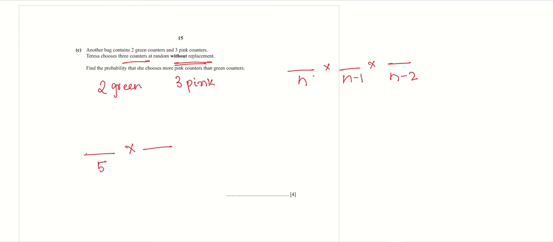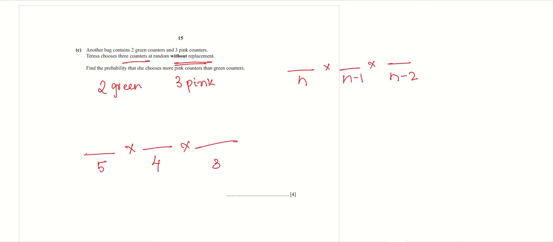So as I've told, n is equal to 5. 5 minus 1 will be 4, because she doesn't replace it, she will not keep it back in the bag. So of course the number of counters left in the bag is 4, right? Because she hasn't replaced it. Multiplied by, okay, in the denominator, the total number of counters that are there will now be 3.